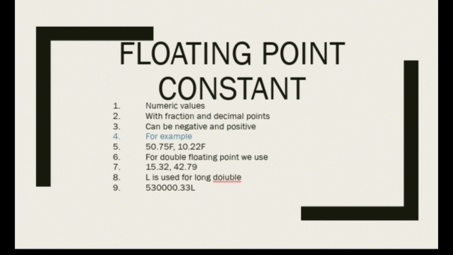But if you see in the sixth line, for double floating point we use 15.32, which means no capital F or small f is used with them. Moving towards the eighth line, you see capital L is used for the long double, as you can see in line number 9.